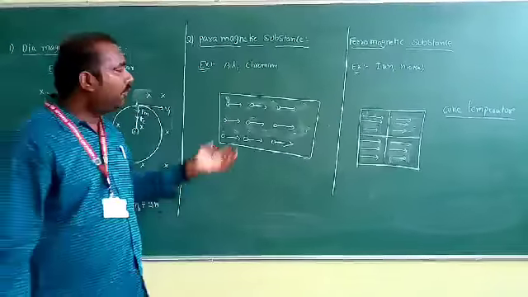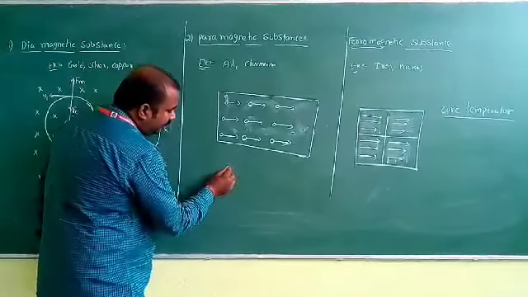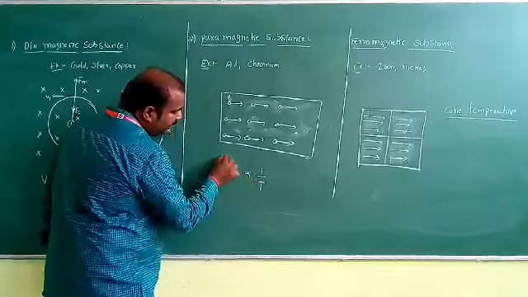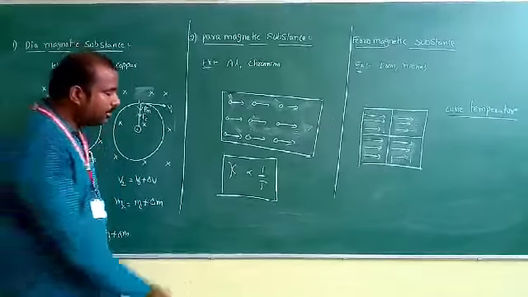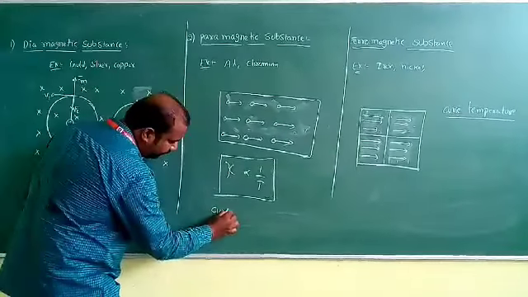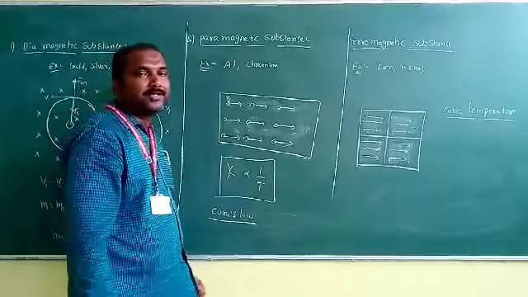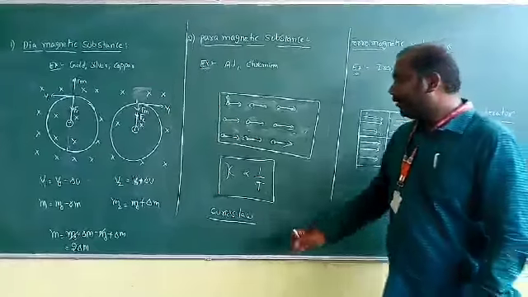And one more law we can get from this explanation. What is that? The susceptibility and temperature are inversely proportional, and this we call Curie's law. The susceptibility of a substance is inversely proportional to its temperature, and that we call Curie's law.